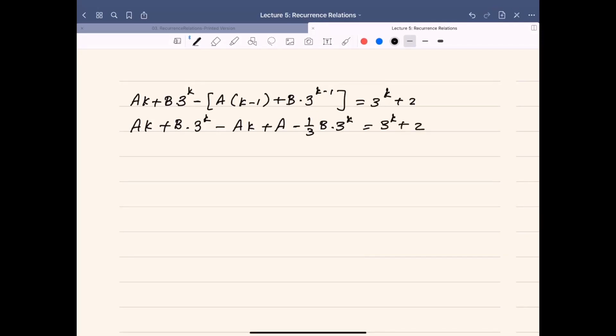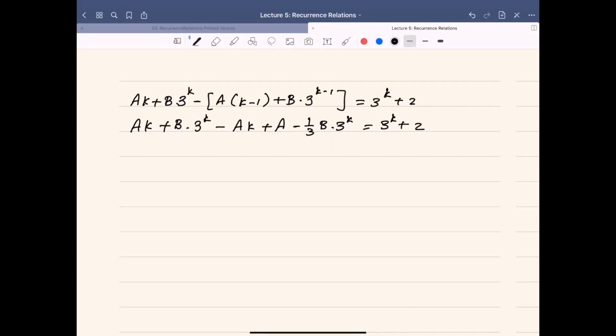So how did we get minus 1 over 3 B times 3^k? Look here, if you take 3 to the power k common, because we have a 3 raised to power k, you will end up with a 3 raised to power minus 1, which is 1 over 3. And you have minus, so it will be minus 1 over 3 multiplied by B times 3^k.